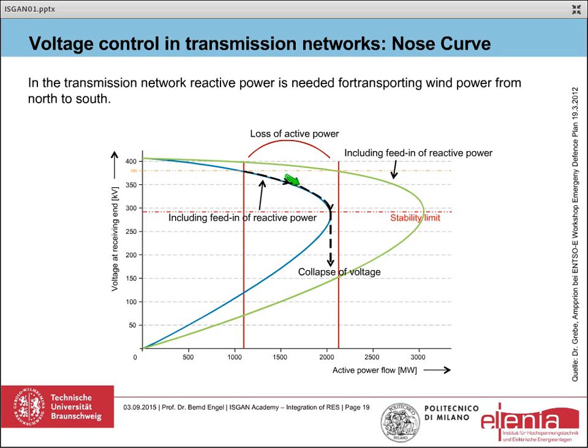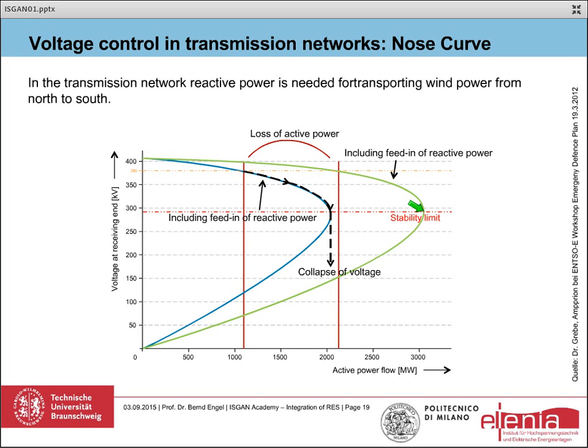And only including feed-in of reactive power, we can increase the stability limit by nearly 1 gigawatt, and this has to be done by capacitive power from a power plant at the end of this power line.